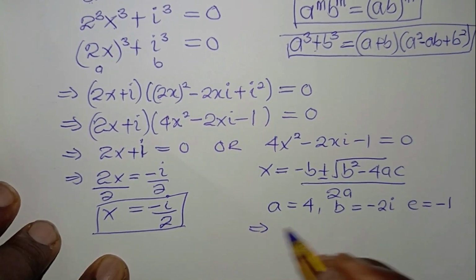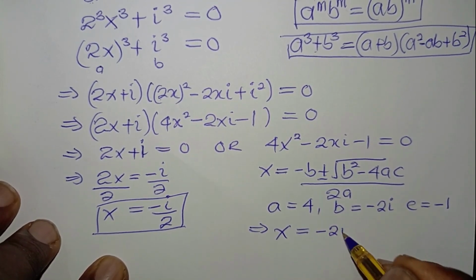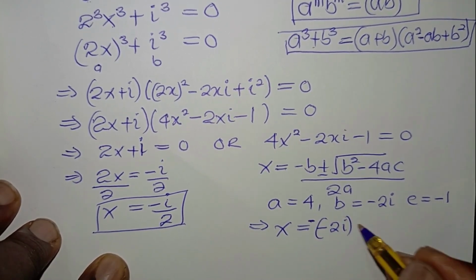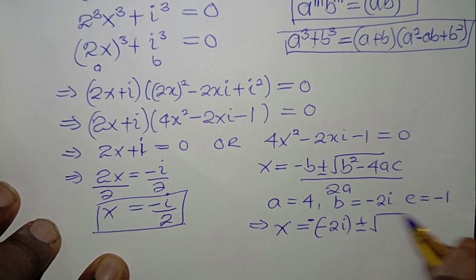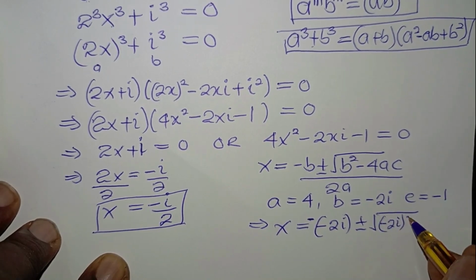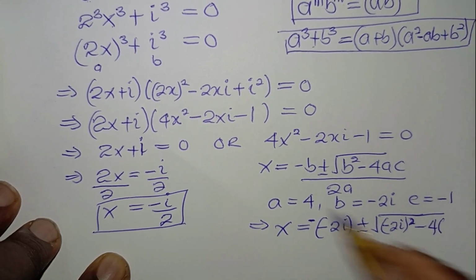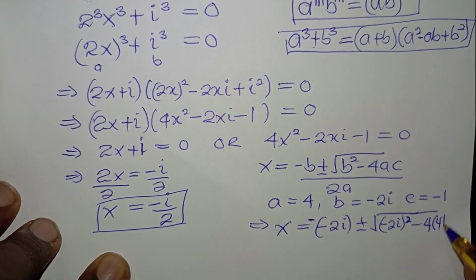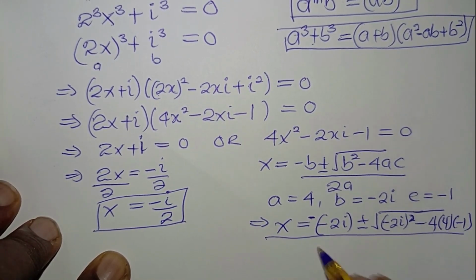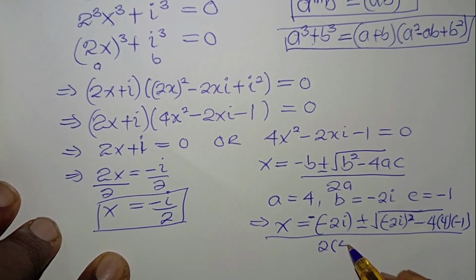So this implies that x is equal to minus, remember the sign is already minus, so we have minus minus 2i plus or minus square root of minus 2i squared minus 4a, and a is 4, times minus 1, all divided by 2a, and a equals 4.